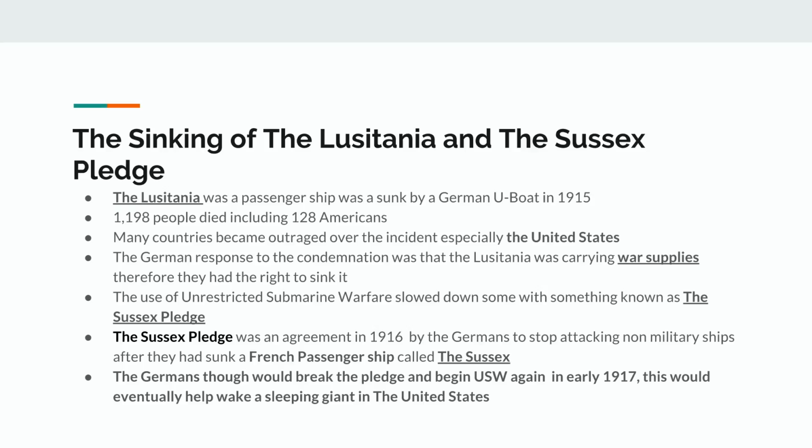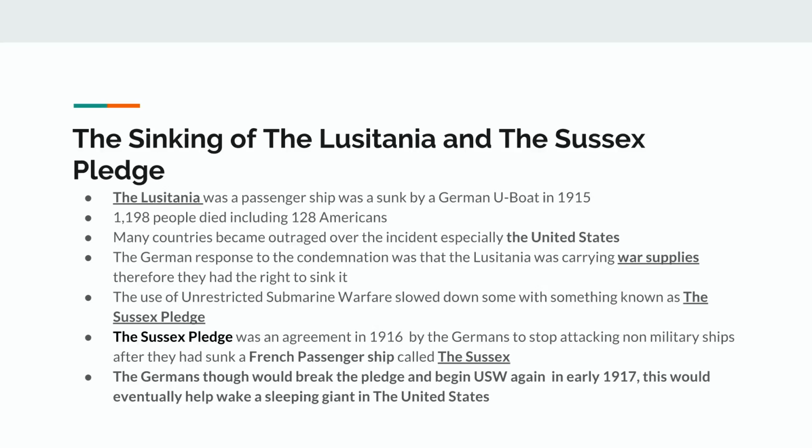The use of unrestricted submarine warfare, though, slowed down when another ship known as the Sussex was sunk. Therefore, after the Sussex was sunk, a pledge was made. This was an agreement by the Germans to stop attacking non-military ships. The Sussex, again, was a French passenger ship.